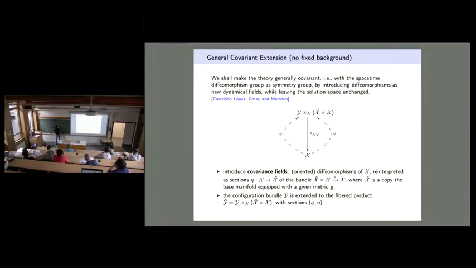So for each x, this is my projection, and sections are basically maps which tell me, from the point x in big X, where I live on this fiber bundle.